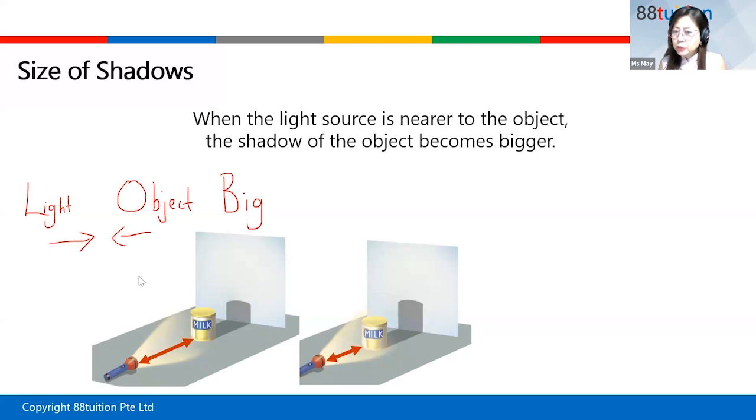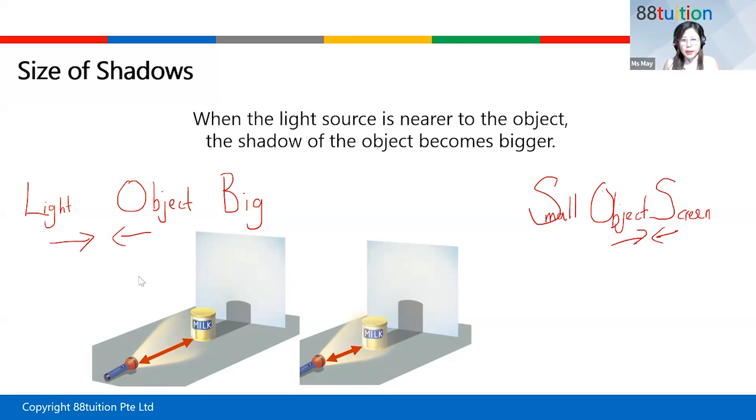Do you all have other acronyms that you learn from school? Anybody learns different things? And then for my small shadows, I have SOS, which means when my screen and my objects are close together, I get a small shadow.